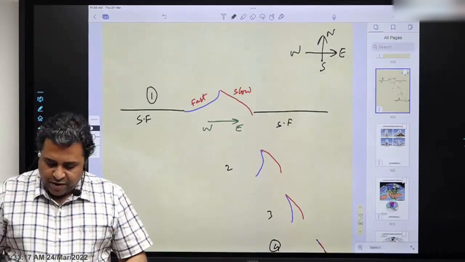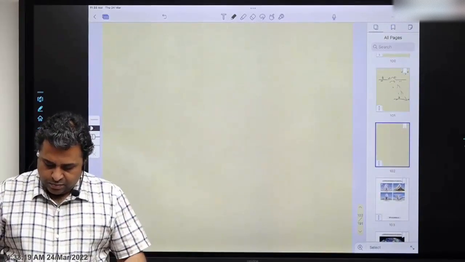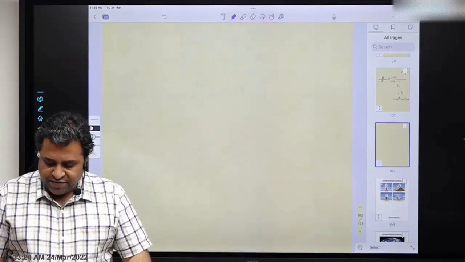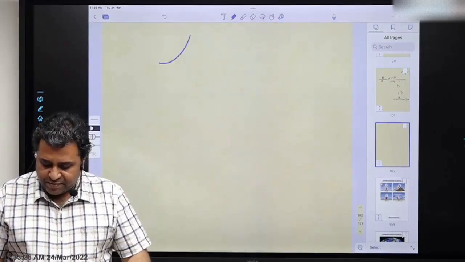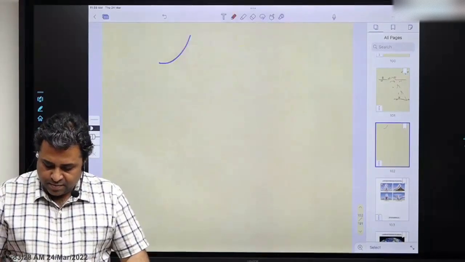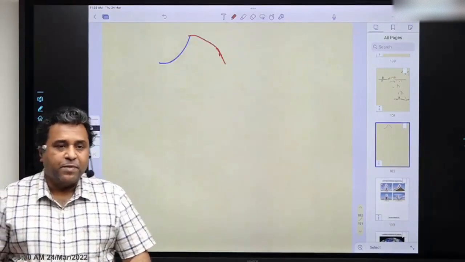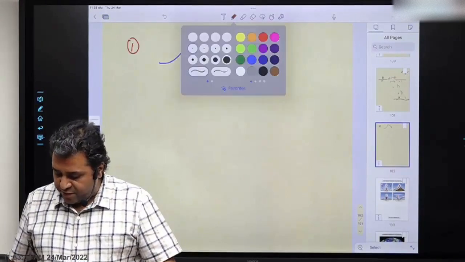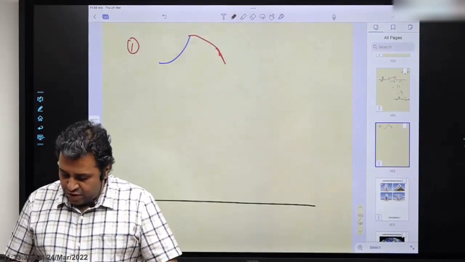So what will 1 look like? वो जो 1 वाला डायग्राम है, seen from above 1 is like this, ठीक है, ऐसा ही है ना, 1 seen from above, and seen from on the surface of earth, what would it look like?